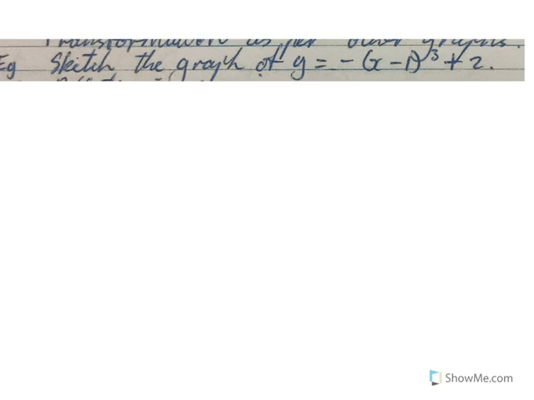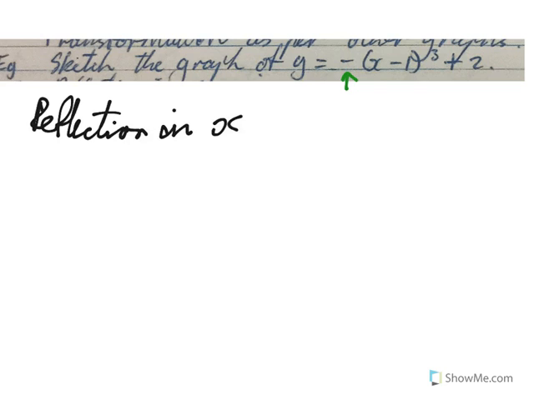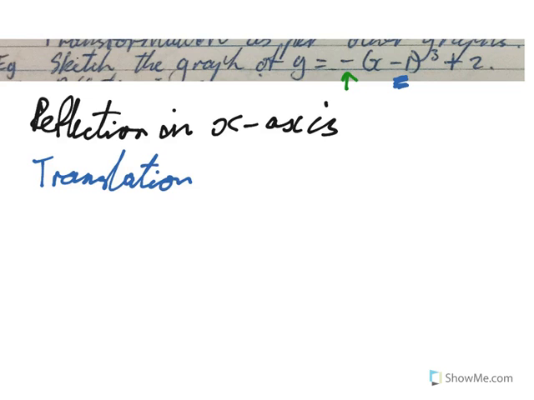So, first of all, what are our transformations? We've got the minus there, so that's a reflection in the x-axis. We've got this minus 1 here, which is a translation right 1.